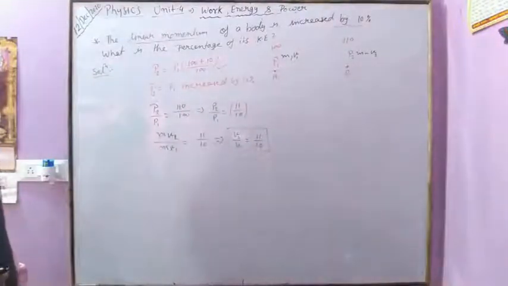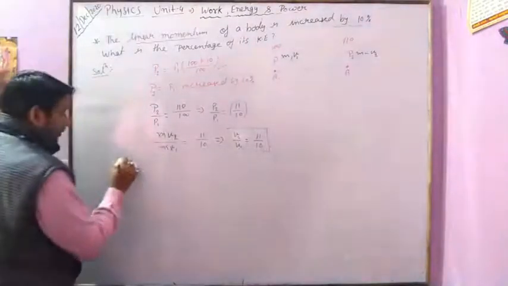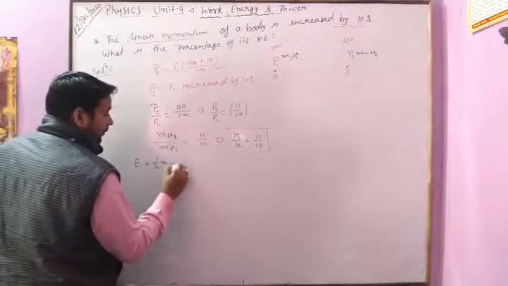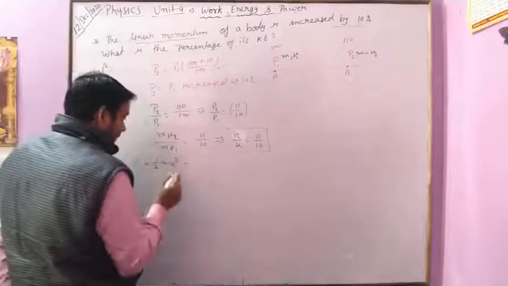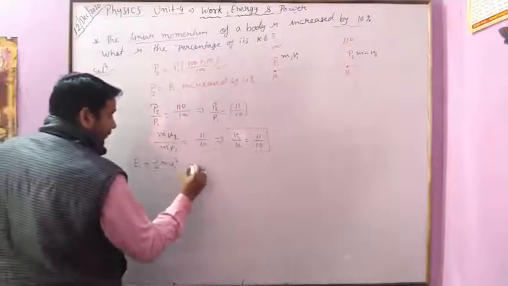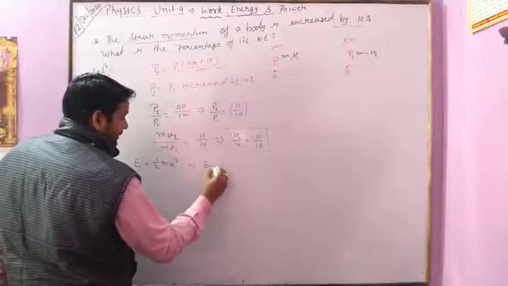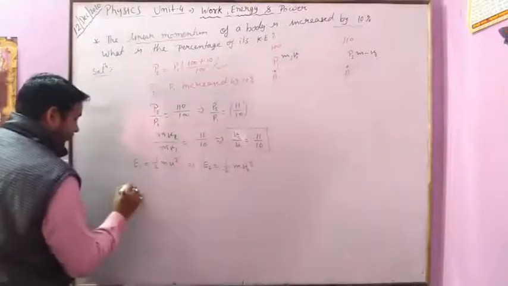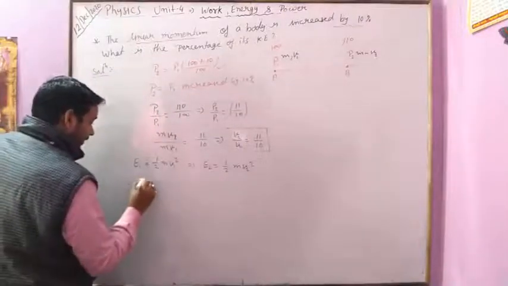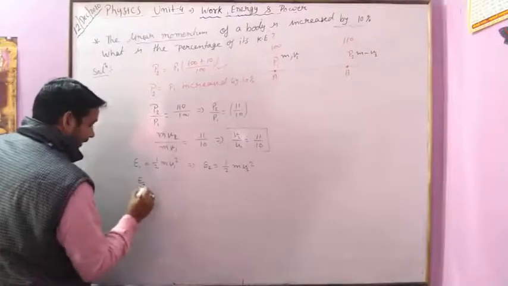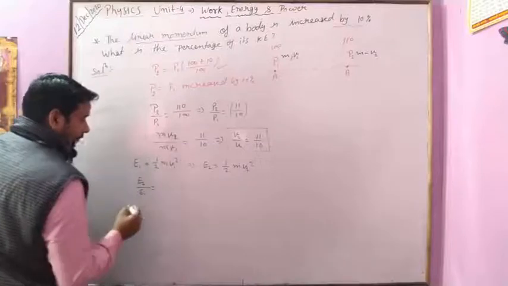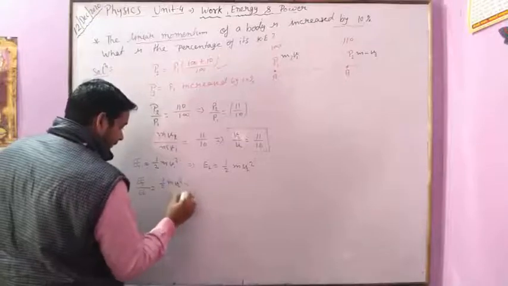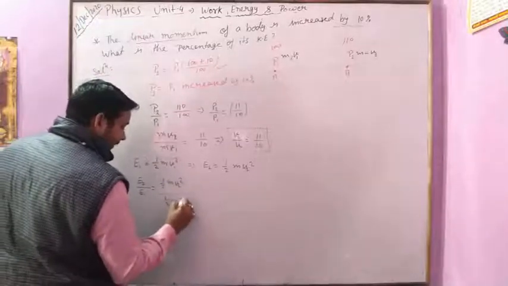Now, the initial kinetic energy we have is half m v1 square, and the final kinetic energy, let me say E2, is half m v2 square. Therefore, the ratio of final and initial energy, E2 upon E1, we get from half m v2 square upon half m v1 square.